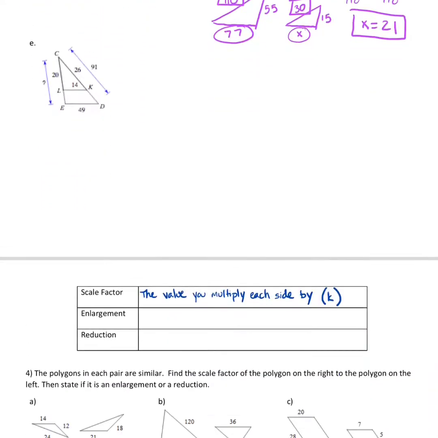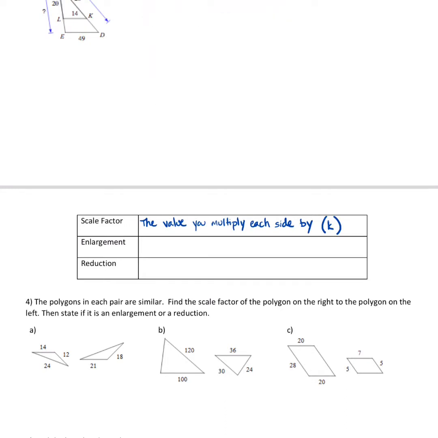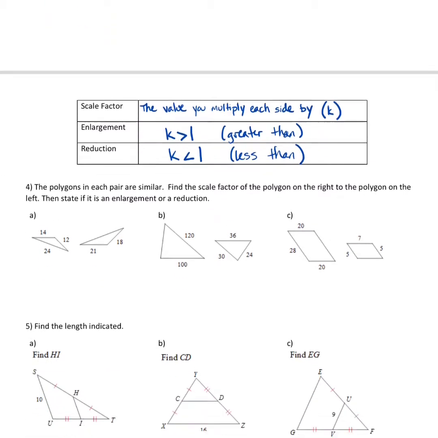Something that I want you to know more specifically with scale factor though, if I'm multiplying both sides by a number that is bigger than 1, that means the shape is going to get bigger. If I'm multiplying by a number that is less than 1, then it's going to be a reduction.